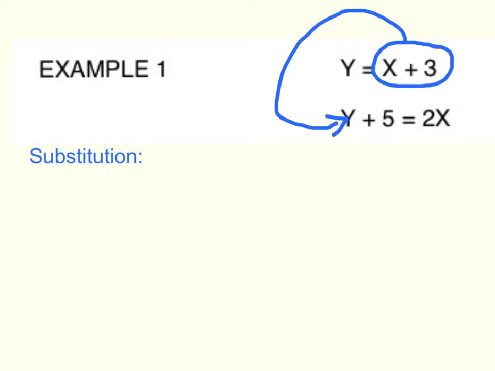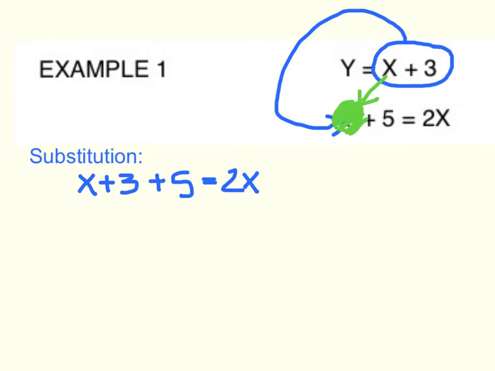So the new equation that I'm going to write is x plus 3 plus 5 equals 2x. Notice all I did there was take this y, get rid of it, and put what's inside of my circle in that same exact spot.